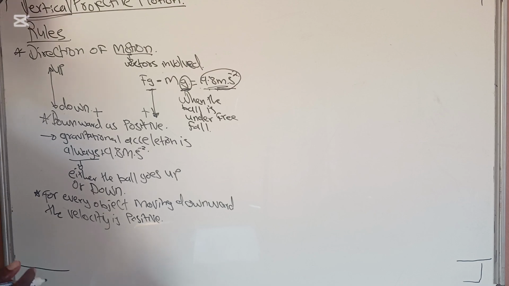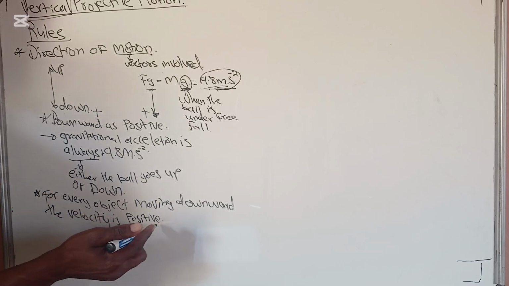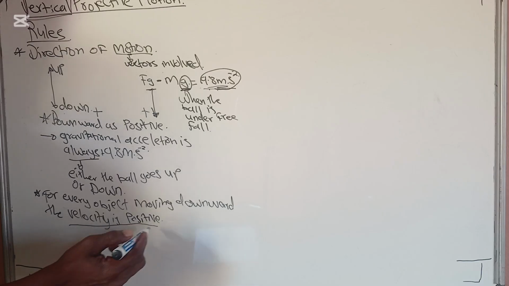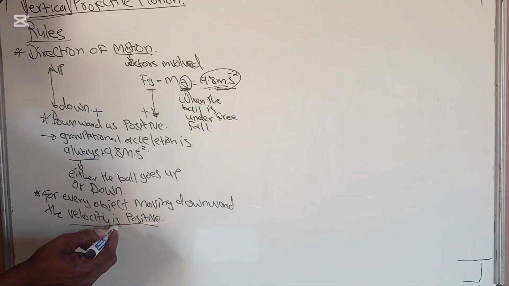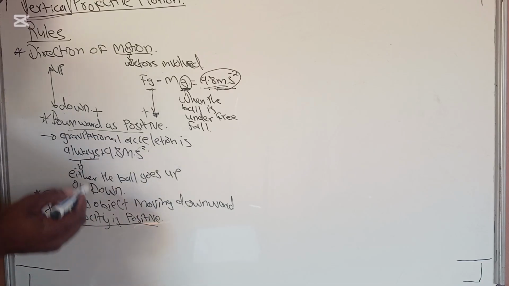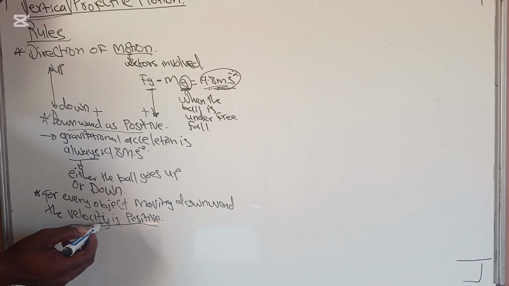These rules are very important. As long as the object is going down, your initial velocity, or whatever velocity you are calculating, must be positive, because you chose downward as positive. So every object moving downward, the velocity must be positive.